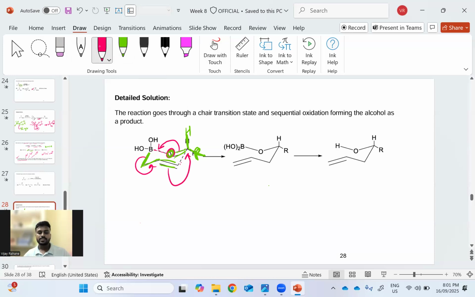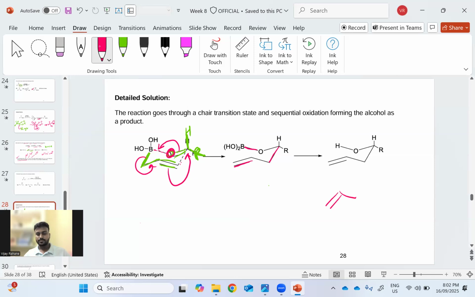This is the newly formed carbon-carbon bond. Once this intermediate is formed, upon hydrolysis the oxygen-boron bond gets cleaved and we get the formation of alcohol here. So we get the product.